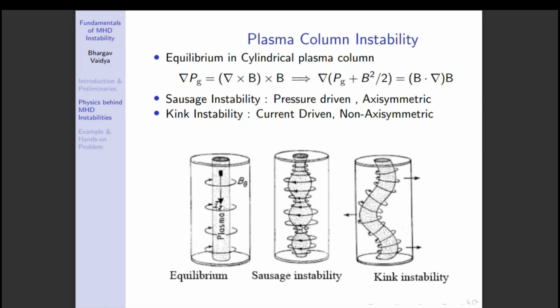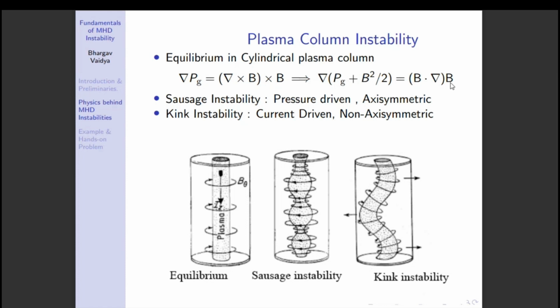The pressure inside will increase. This is all ideal, so the flux is conserved and everything is conserved. There is an outside pressure, but essentially when you pinch the magnetic field, your magnetic field tension increases, because you have reduced the area.